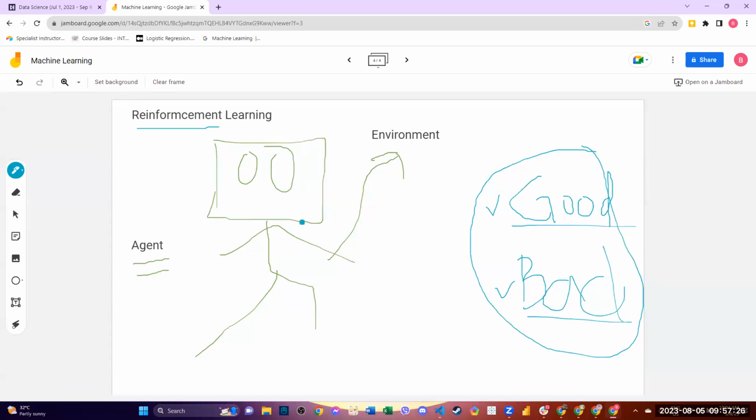And then, of course, the robot is moving towards becoming good. So the robot is penalized for becoming bad. For becoming good, it is rewarded.